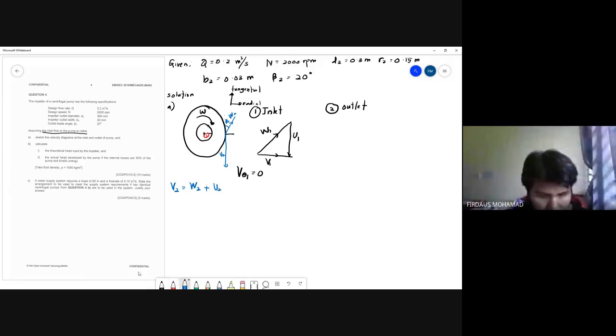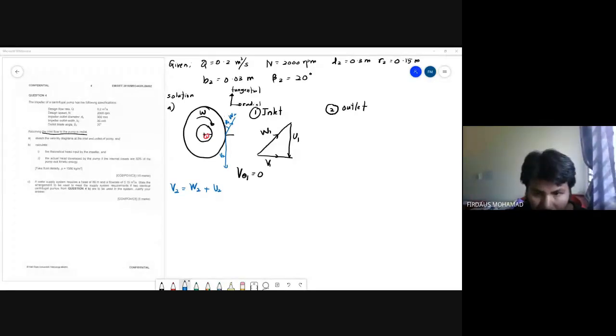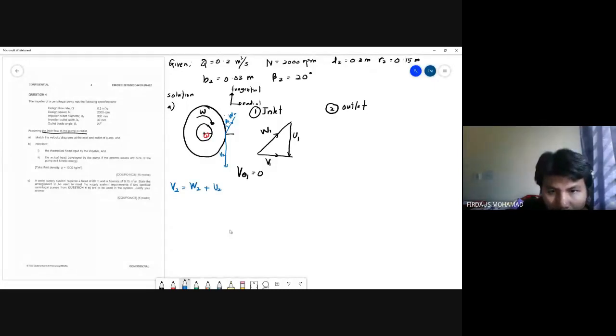So V2 equals W2 plus U2. So we draw W2 plus U2 equals V2. This is how the velocity triangle at point 2, the outlet, looks.